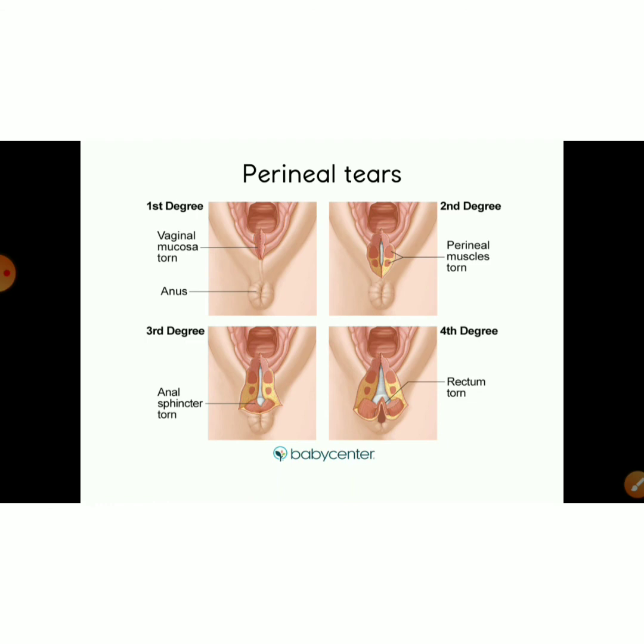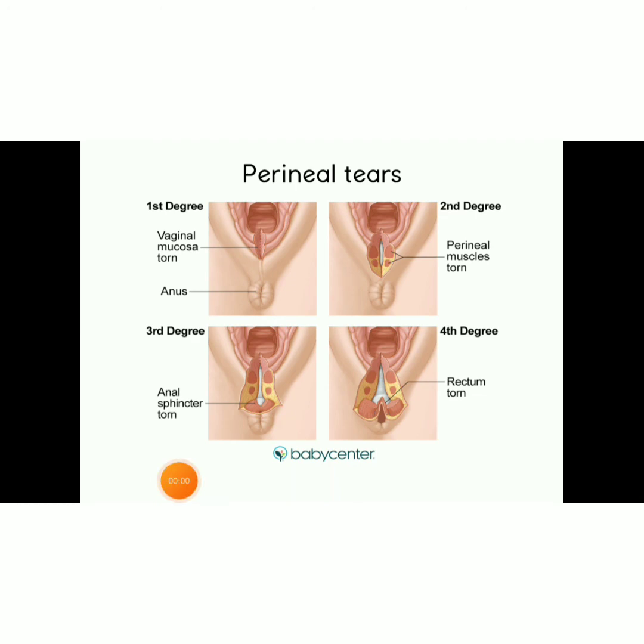Then during parturition, because of this pressure by the fetal head, there is always a tendency for perineal tears. According to the extent of the injury, we can classify it into first degree, second degree, third degree, and fourth degree perineal tears. Again, you will be studying all those things in the clinics.